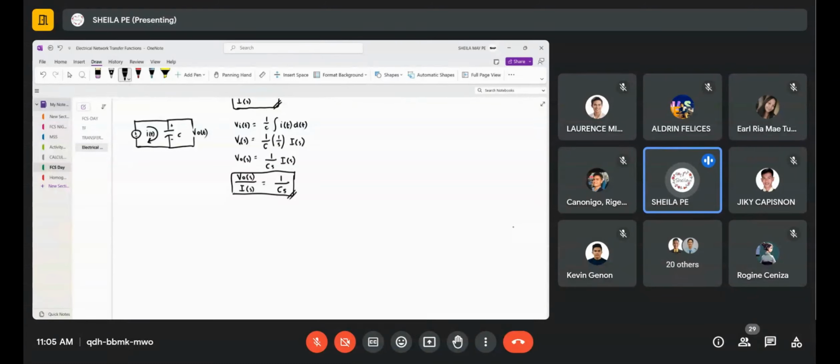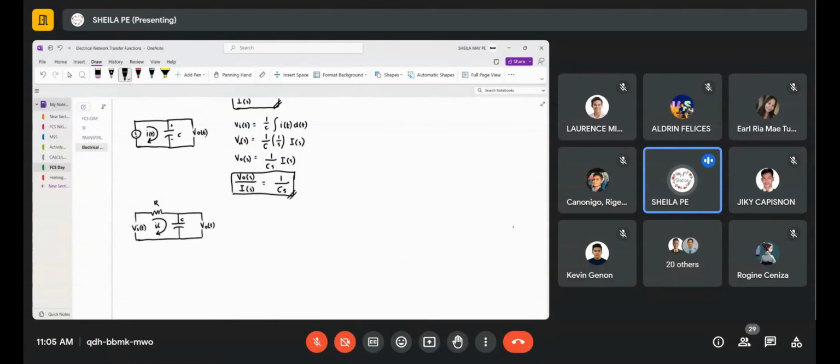For the next one, if we have a resistor R and a capacitor C, given V, the voltage input, and if we take the output voltage across our capacitor, this is our R, this is our C. So you do the looping.